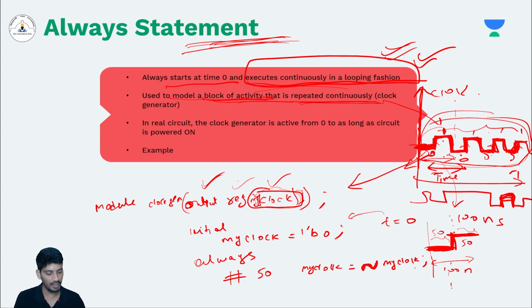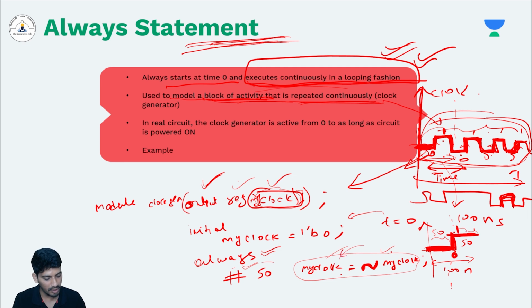So what is happening here? First, it will initialize my clock to 0. At time t is equals to 0, it is initializing at 0. And then it will go to always block. Always block will also start at time is equal to 0. But since we have given 50 time units delay, after 50 time units delay, it will check this expression. What is this expression? It is just inverting my clock from its data. So earlier at 50 nanoseconds, it is 0. So it is inverted from 0 to logic 1.